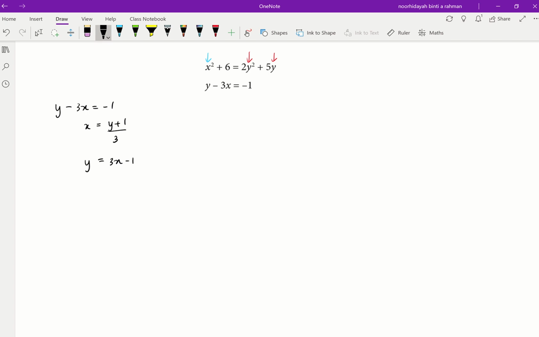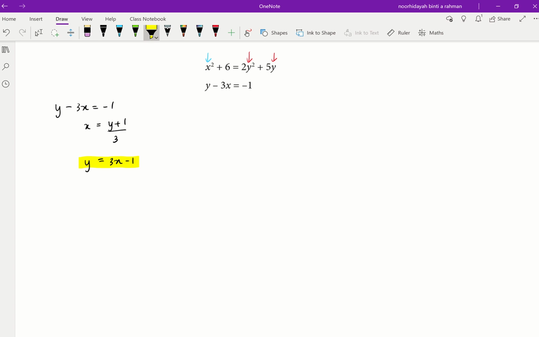So which one is easier for us? For me, the expression without the fraction is better. So let's choose y equals 3x minus 1 as our topic.